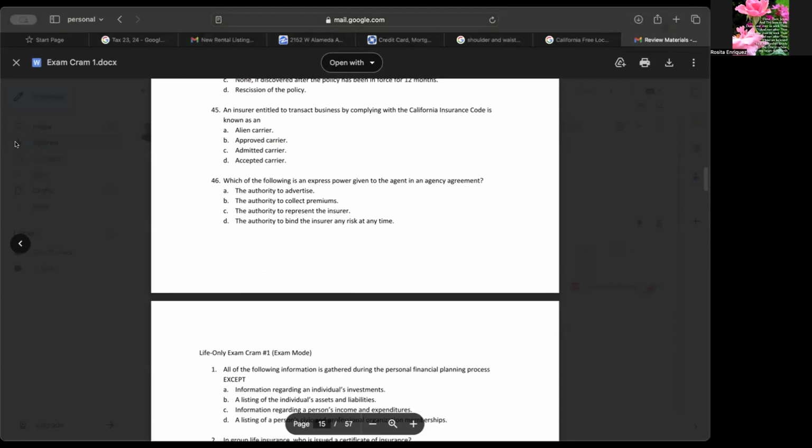And the answer is C. It is the authority to represent the insurer.